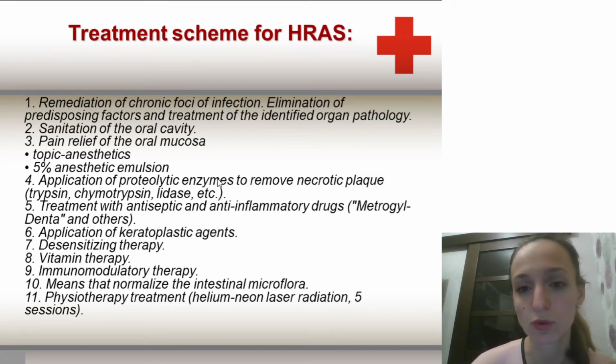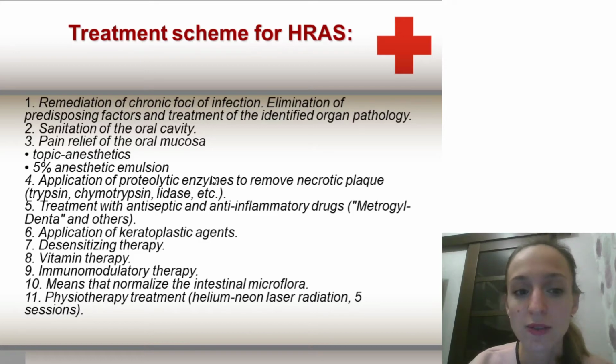Treatment scheme for this type of stomatitis. So remediation of chronic infection, elimination of predisposing factors and treatment. Then sanitation of the oral cavity, pain relief of the oral mucosa. So topical anesthetics, 5% anesthetic emulsion. Then application of proteolytic enzymes to remove necrotic plaque.